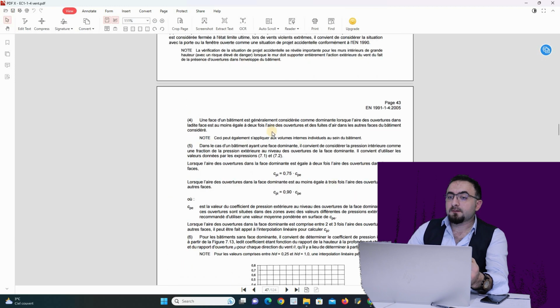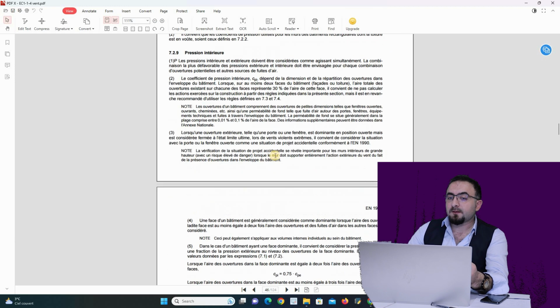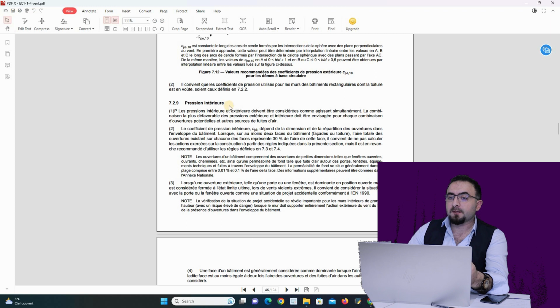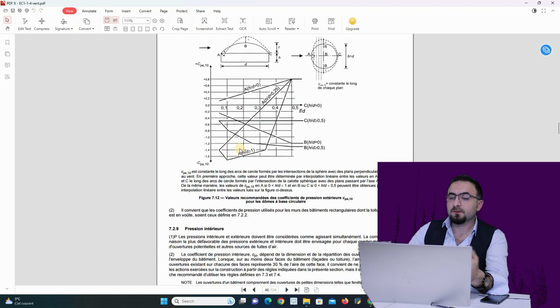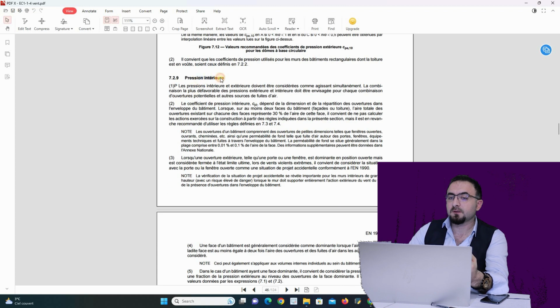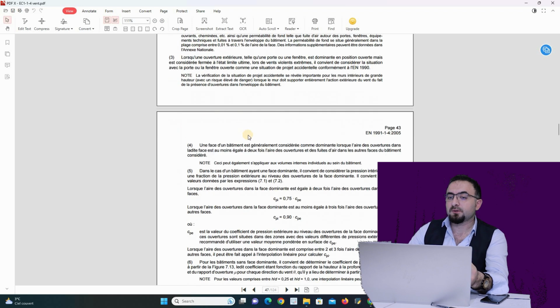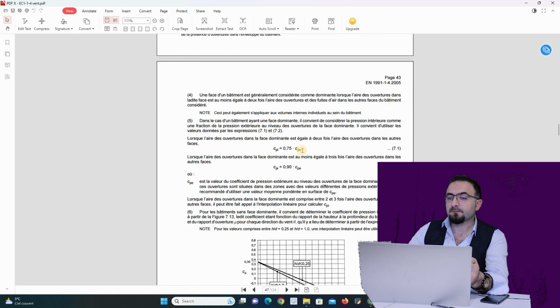All that we have spoken about so far is the exterior pressure. Now, how to determine the interior pressure, the pressure inside the building. Here they speak about openings.